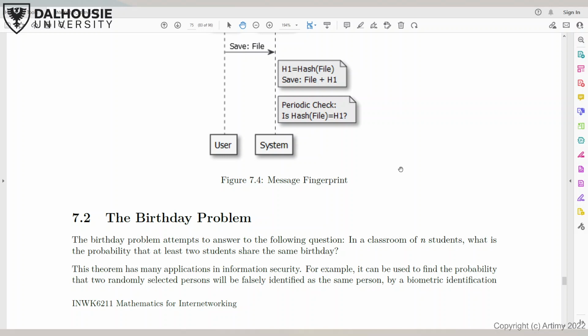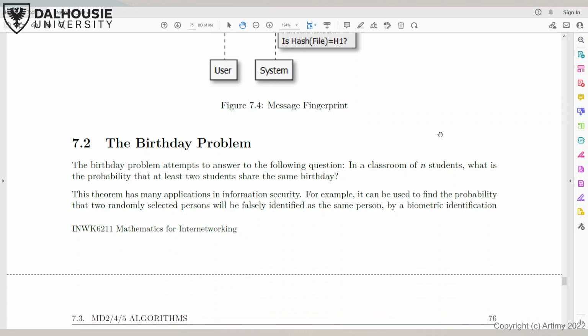So to study the possibility of two messages having the same hash, we will use something called the birthday problem in probability. And it's actually a very simple and nice problem. We should have studied it earlier in the first chapter, actually. But I left it to here just so that we understand its applications in more practical terms rather than just studying it in the abstract.